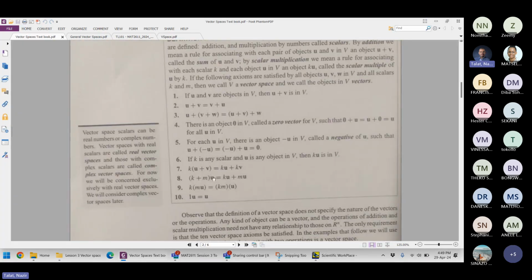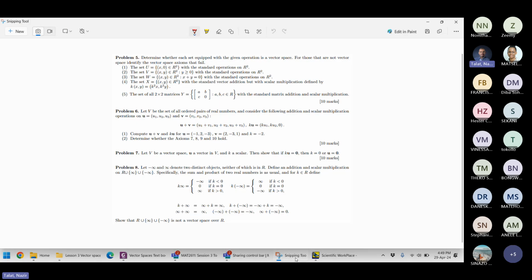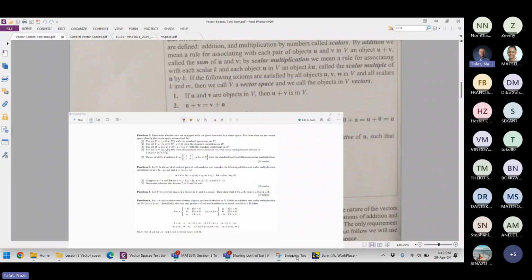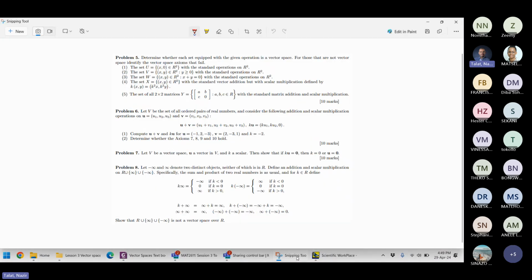Suppose you show that number 9 doesn't hold, or 8 doesn't hold, any one, and prove that it doesn't satisfy because of these relations, 1, 2, 3, 4, 5, 6, 7. So these are the 7 of them. If you show that any one of them doesn't hold, then you are done, and it proves that the given set R union with these two infinities is not a vector space.